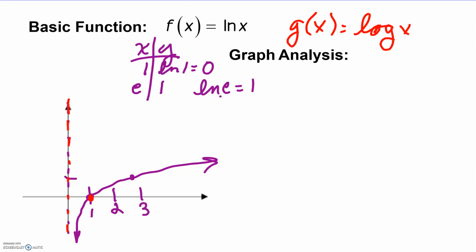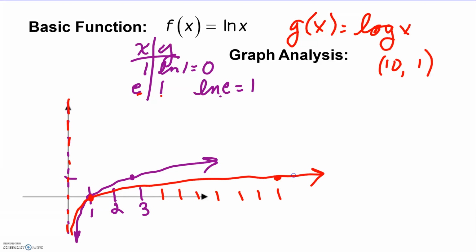But instead of having the point (e, 1), you will now have the point (10, 1) because the log of 10 is equal to 1. So that's going to be off of my graph over here, but it looks something like that. And so your common log graph would look kind of more like that.